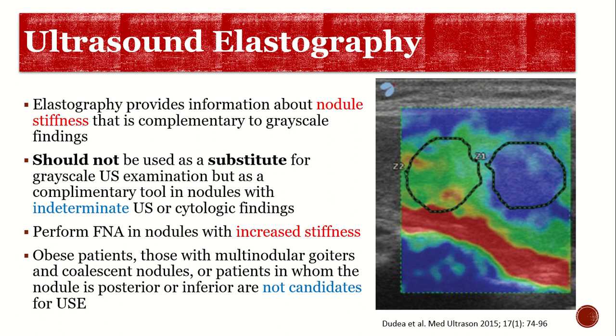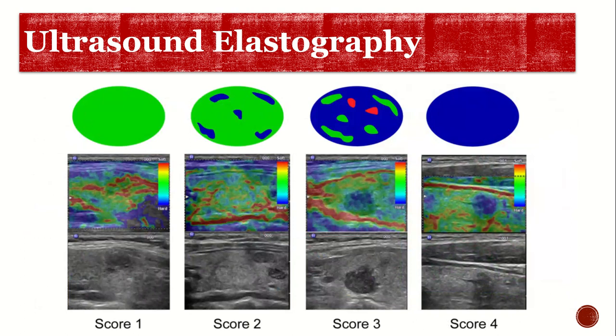Also, patients who are obese or have multinodular goiters and coalescent nodules are not candidates for elastography. Elastography measures the stiffness or elasticity of the thyroid nodule, ranging from score 1 to score 4 as in these criteria. Whenever it is more solid, that means it has a high risk for malignancy.